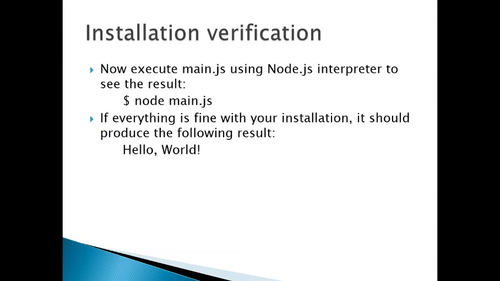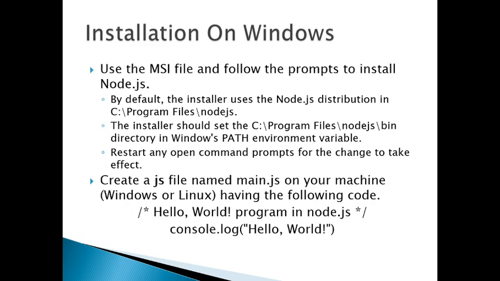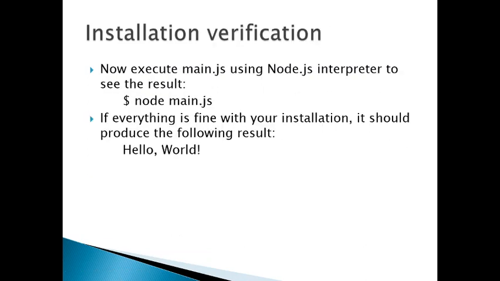We will write CMD, and we will execute that main.js file which we have created. By doing this, we are executing it with Node.js, and it will print hello world onto your screen.